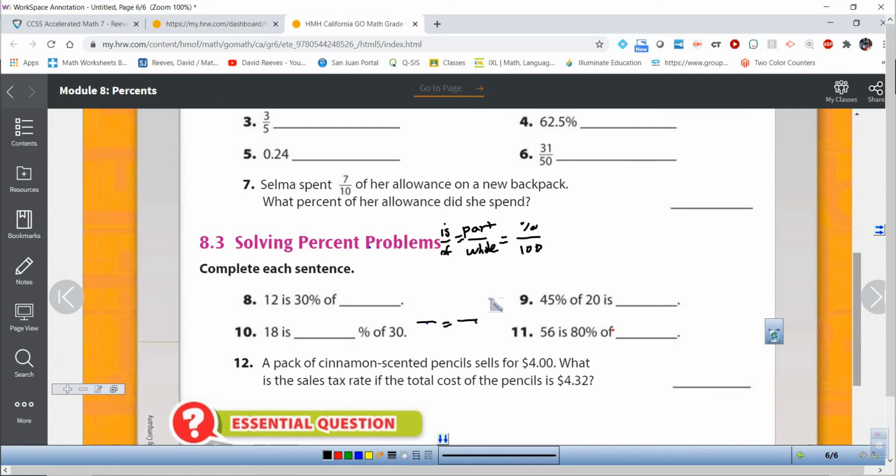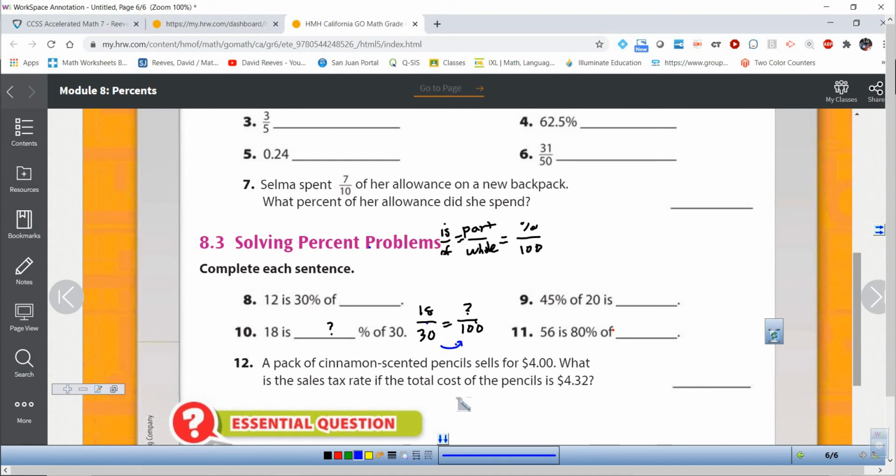Now this time we don't know the percent, so that's the part we don't know. We do know 18 is the part of 30. So 18 over 30 is what over 100? Now again, what do we want? We want to know, what do I have to do to this ratio to make it equivalent to that one?